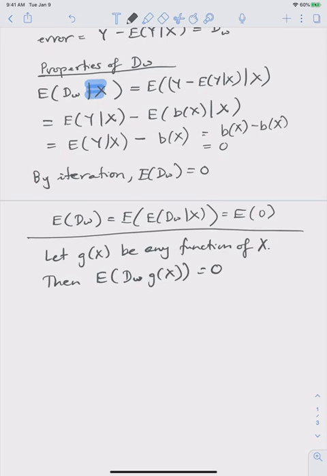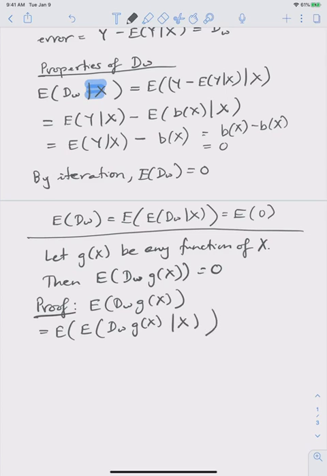So what we're going to do is calculate the expected product by conditioning on X. Iteration.